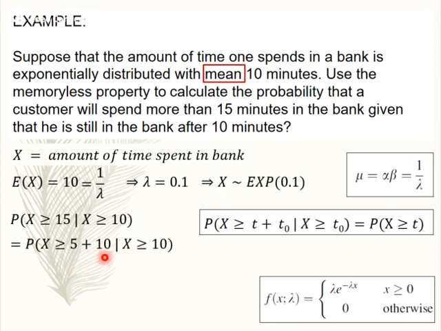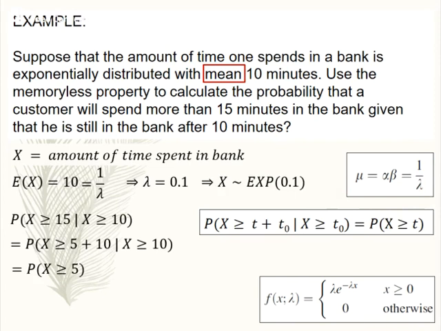make it that 15. And then the memoryless property tells us that this probability is equal to x greater than or equal to t. So we've identified from here that our t is 5. So you can straight away go and write the probability of x greater than or equal to 5. And then from there, you know x follows an exponential distribution with these parameters.